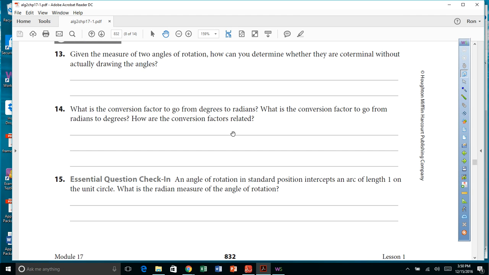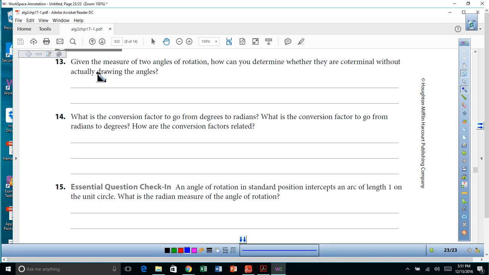Given the measure of two angles of rotation, how can you determine whether they are coterminal without actually drawing the angles? If the difference between the two angles is an integer multiple of 360 degrees or 2 pi radians, they are coterminal angles.